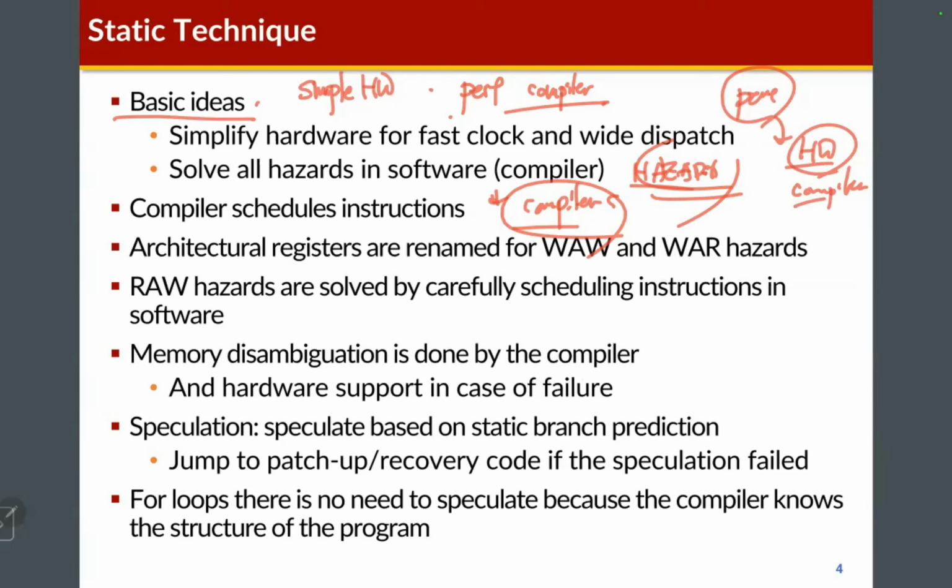The basic idea of LIW or VLIW is that the hardware is very simple. The hardware has some slots for the execution units, like integer hardware 1, integer hardware 2, load, store, and floating point execution units, and compilers can assign instructions to each slot of the hardware. Then how can we improve the performance?